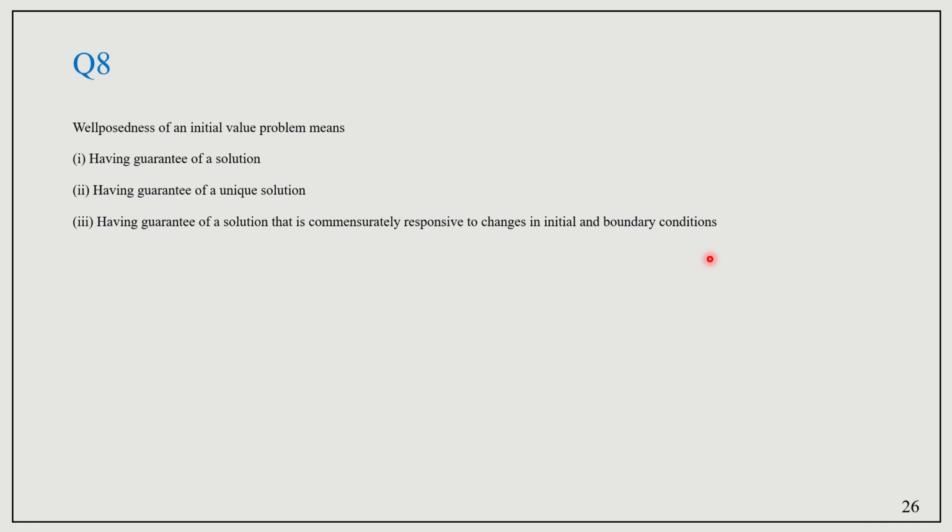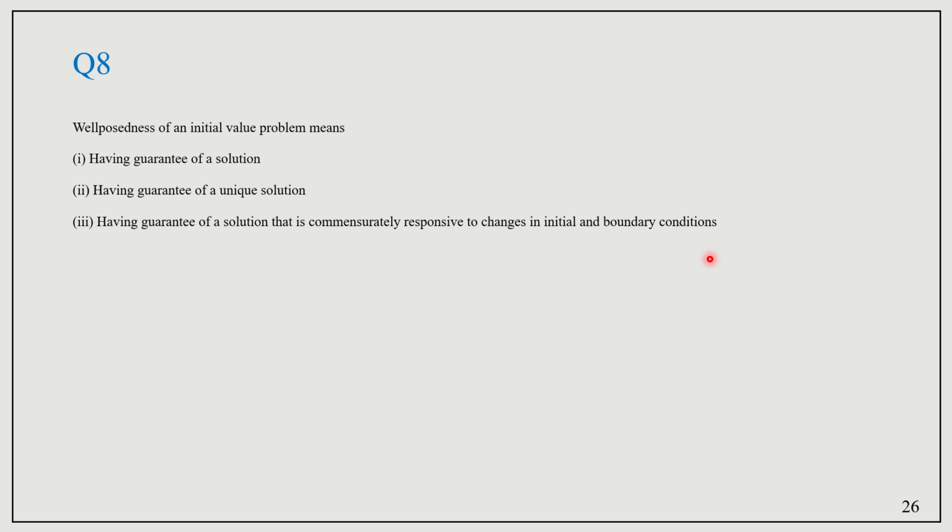So what does well-posedness in an initial value problem mean? So we are given 3 statements. First we will go through each of the statements and identify which of them are right. So here it is an initial value problem and we are asked to define the well-posedness of an initial value problem and what it means.